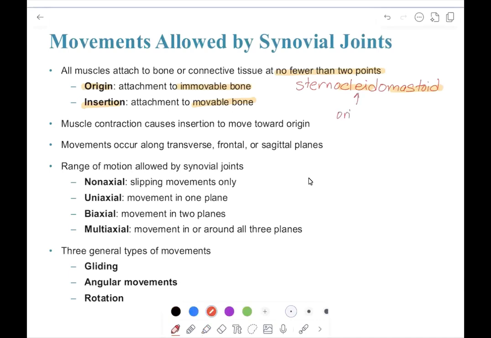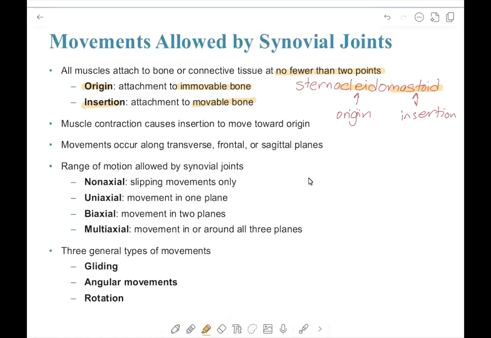So this is the origin at the clavicle, and the mastoid process is the insertion. So you're not going to have to memorize all the origins and insertions, but you should be able to recognize some major ones, especially from the names.